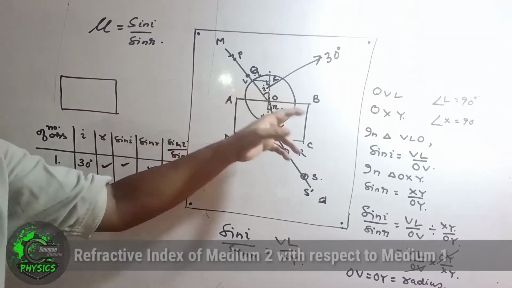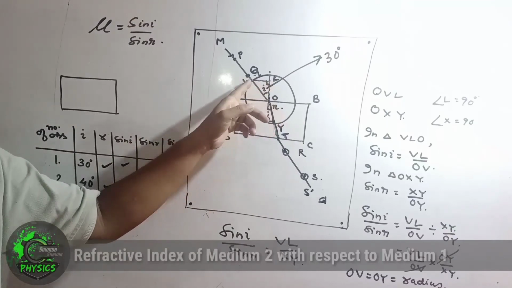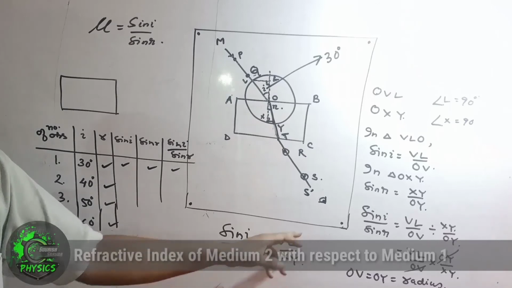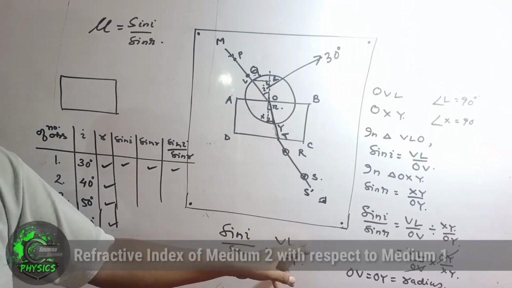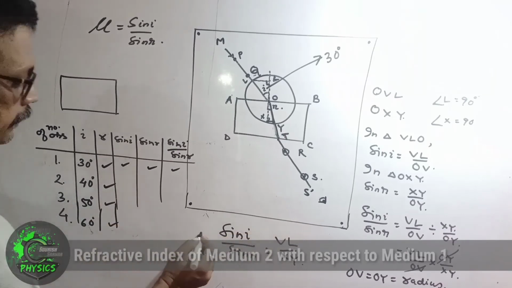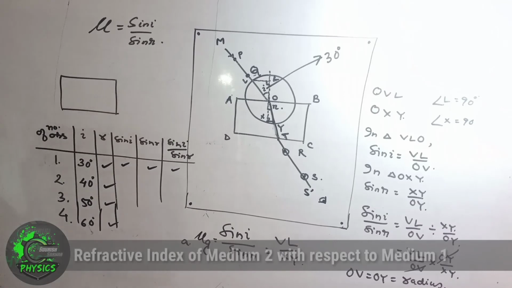To find out the refractive index of the material of glass, we measure the length of VL, we measure the length of XY, and both of these two values we write here, we divide, and the result we are getting is the refractive index of glass with respect to air.